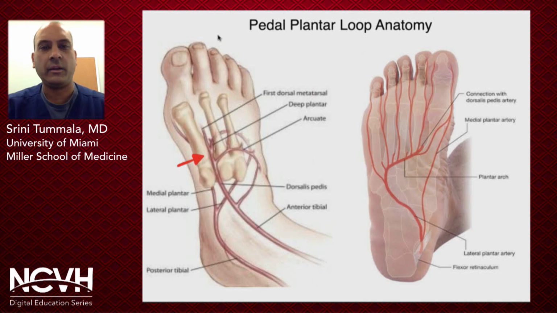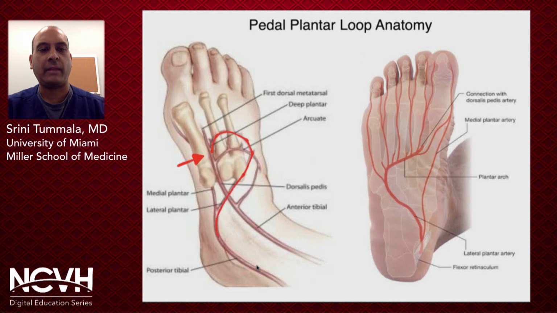Well, you have to really understand the anatomy if you're going to treat these types of patients. When you think of pedal plantar loop anatomy, I want to point out a significant landmark. When you're looking fluoroscopically, you really want to look between the bases of the first and second metatarsal. When you think of the pedal plantar loop, obviously we're talking about the anterior tibial artery continuing into the dorsalis pedis, and at the base of the first and second metatarsal, that's the first turn into the deep perforating artery, which then comes back to the lateral plantar artery and then back to the posterior tibial artery.